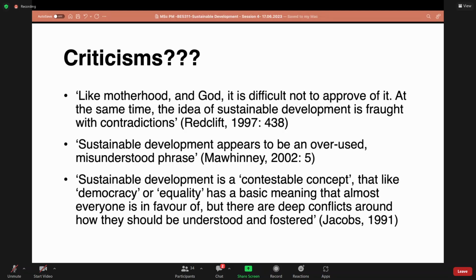Then there are other people that say today sustainable development has become an overused, misunderstood phrase. So people just use the term, maybe as businesses, to get more consumers or to show that they are environmentally conscious or socially responsible or something like that, without really understanding what that concept is about.